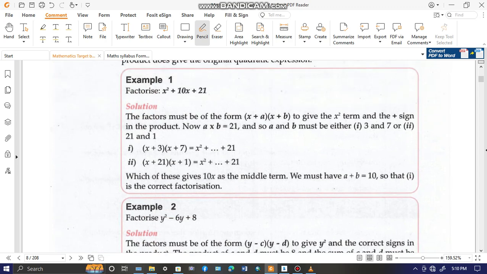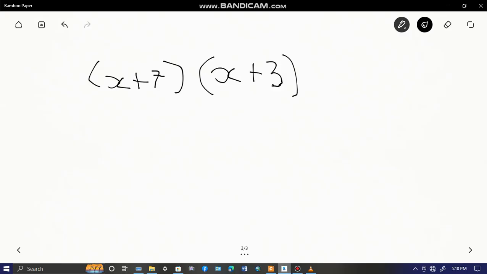In the next example, you are supposed to factorize y squared minus 6y plus 8. So let us look at it.